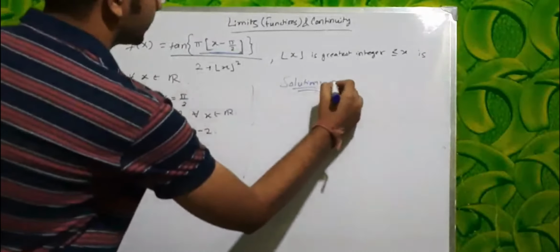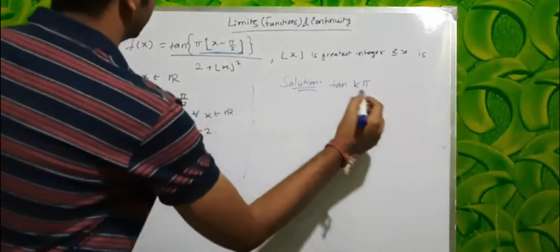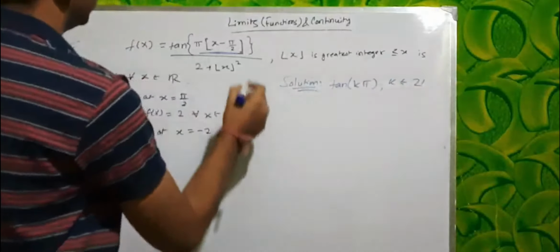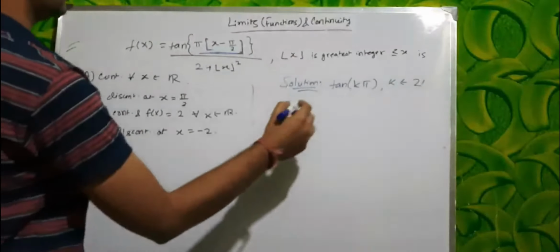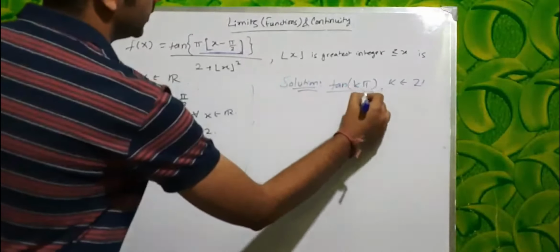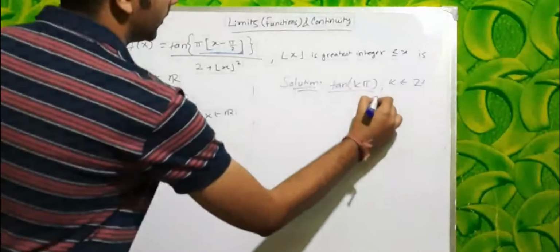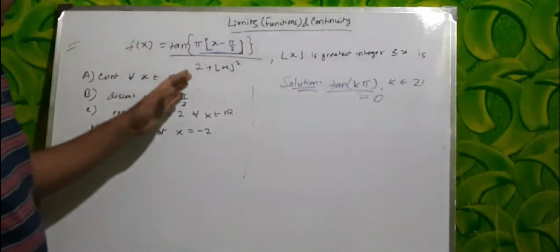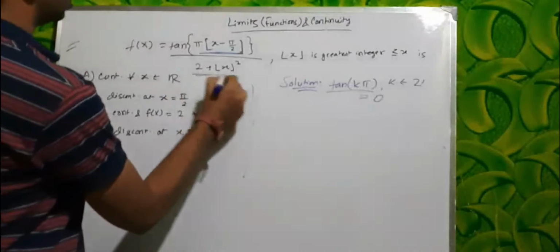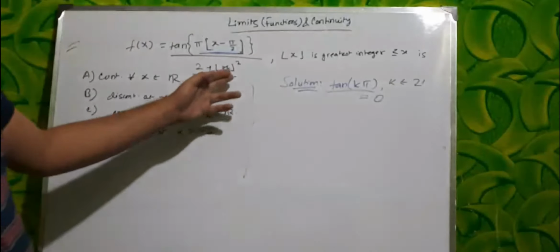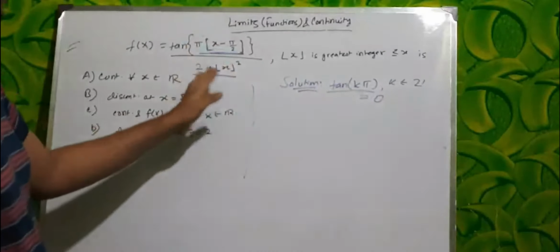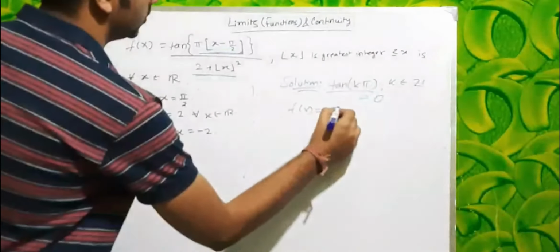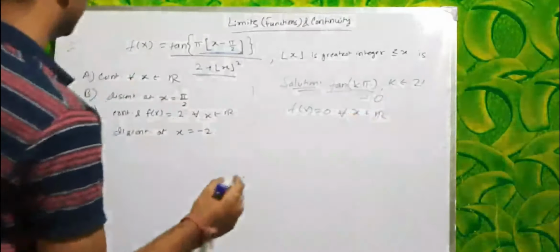So this would be tan of k pi, where k belongs to the integers, for any value of x, and we know that tan of k pi equals 0 for any k belonging to the integers. And the denominator is always going to be a positive number, so there is no chance of the denominator being 0. Hence we get f(x) equals 0 for all x belonging to R.